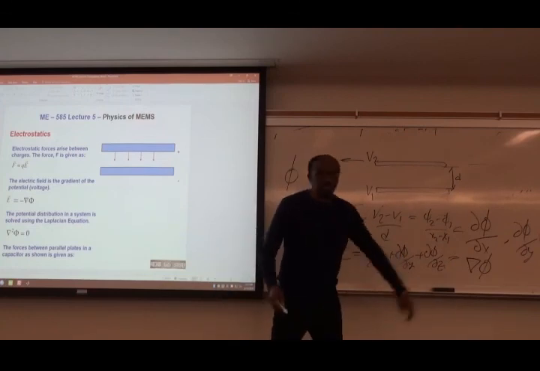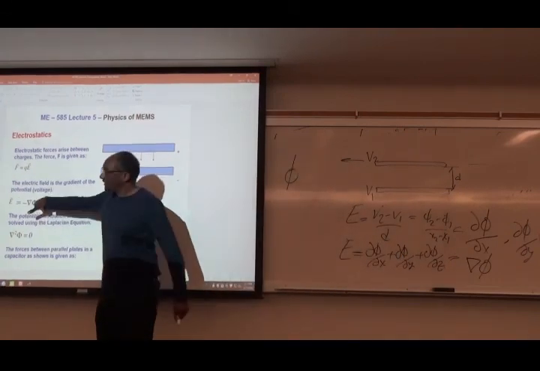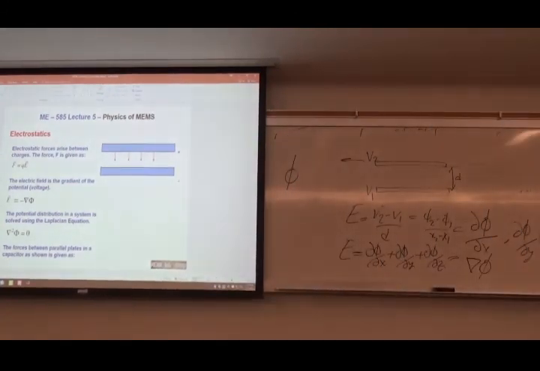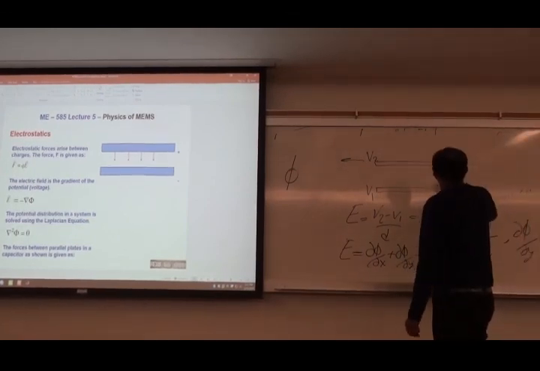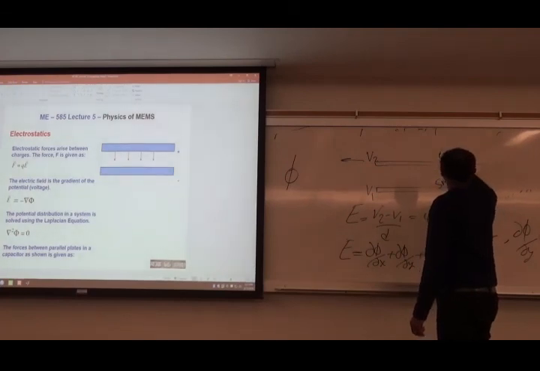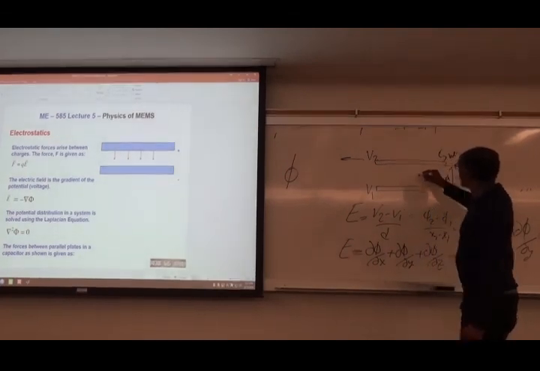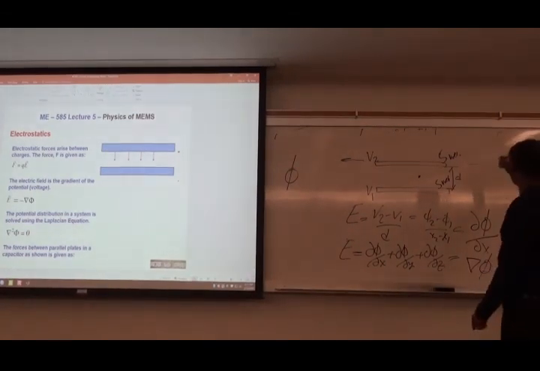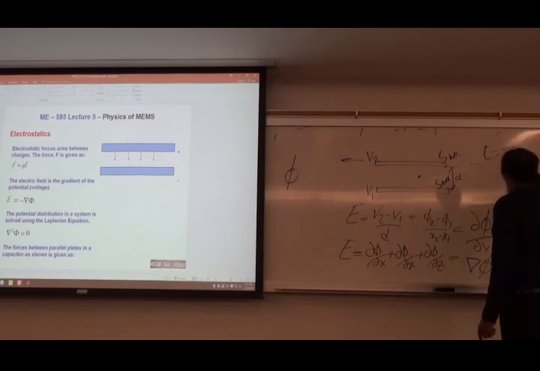E is grad phi, and that's what I have. The gradient of the potential is your electric field. What if this guy is 5 volts and this is 5 volts? What's the electric field here? 0. There's no gradient. Okay. So you guys are with me on this. E is equal to grad phi.